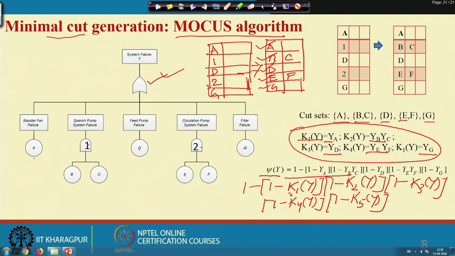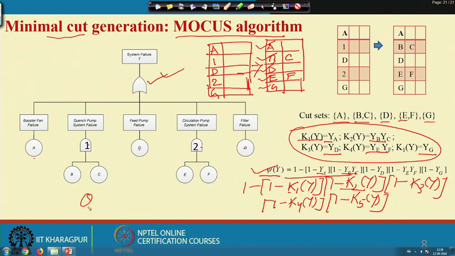So in k 1 y we will write y A, in k 2 y we will write y B into y C. So like that we will get this structure function, and I have already shown how to calculate unavailability from this structure function.